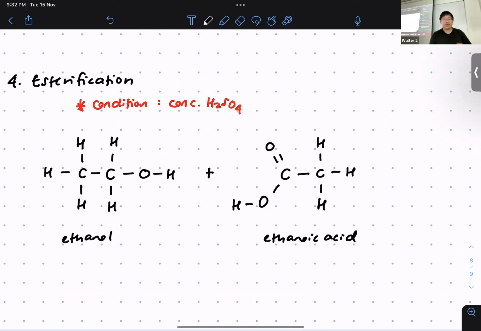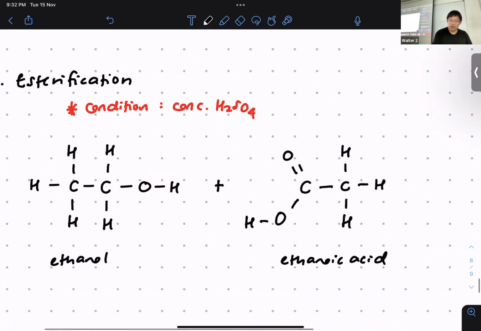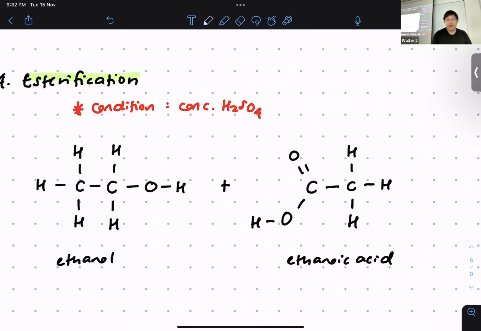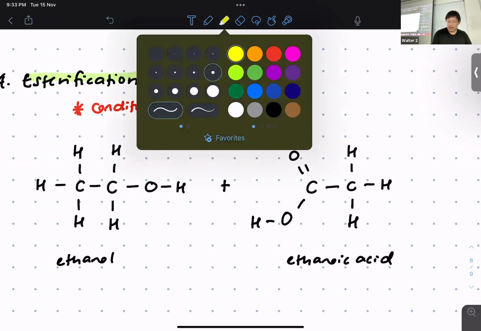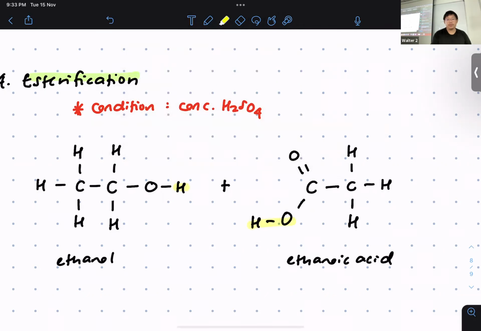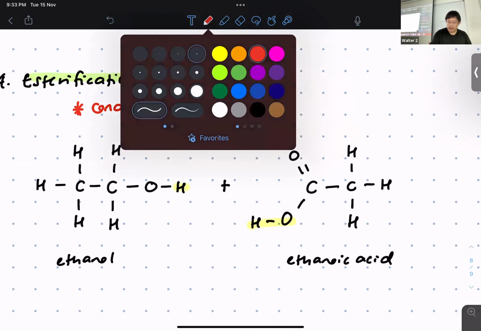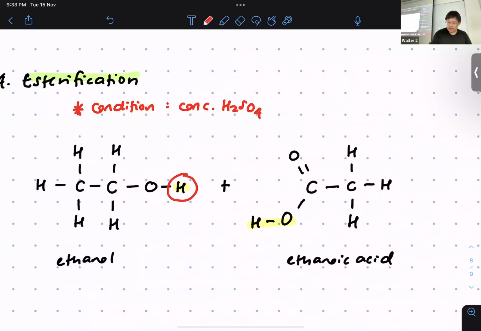Okay, for the esterification process, we will always remove the H from the alcohol and the OH from the carboxylic acid. So meaning to say, this one and this one will be eliminated from both molecules, and then together they will form water.